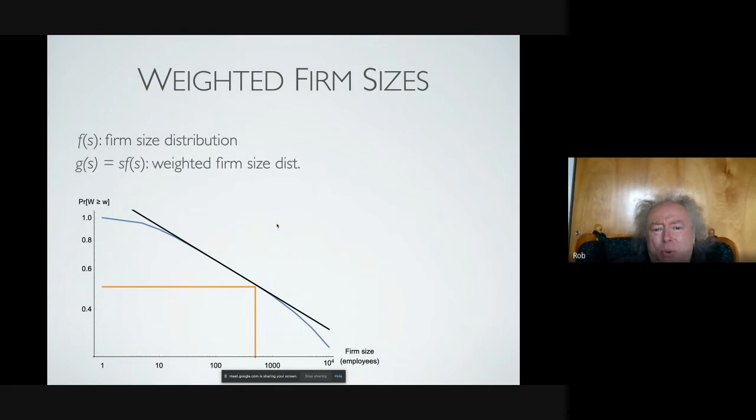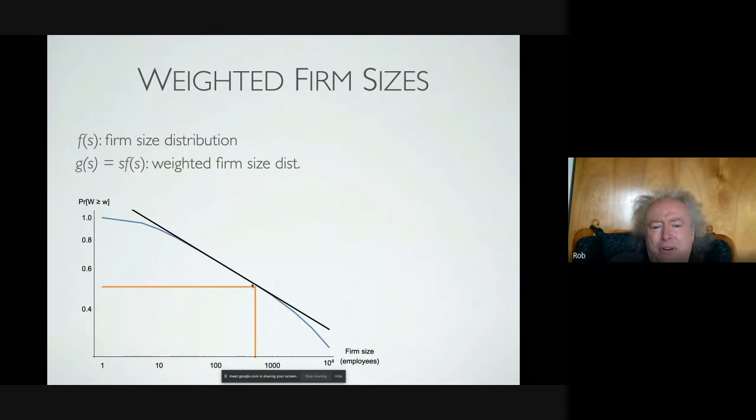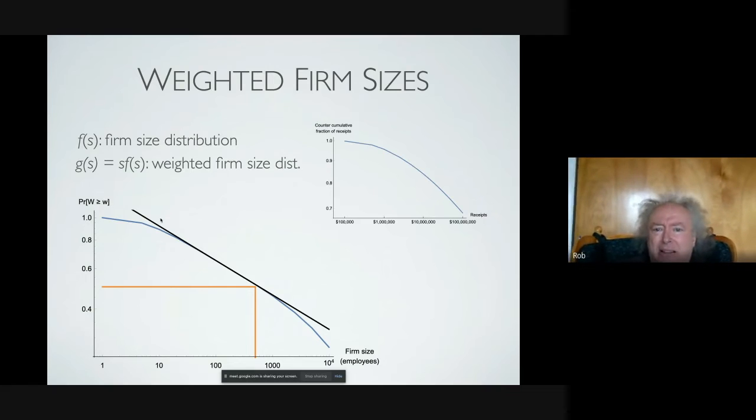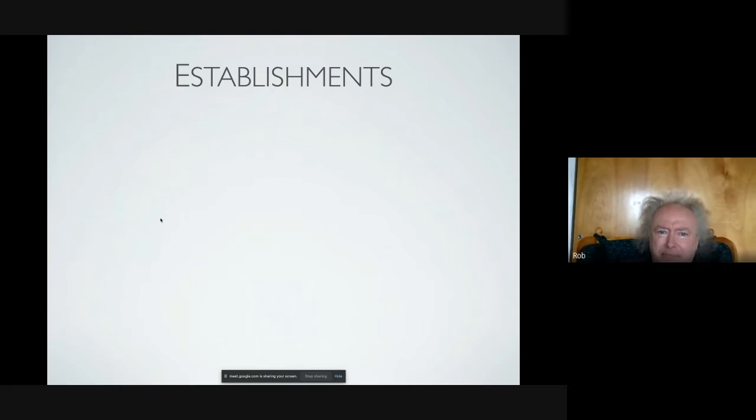We can do a weighted distribution, and we get something more reasonable, I think, in terms of what is a typical firm. The median firm size in America, according to this weighted distribution, is size 500. Basically, half of Americans work in firms bigger than 500, and half work in firms smaller than 500. You can do the same thing for receipts and get roughly the same picture. Just another way to think about firm sizes.